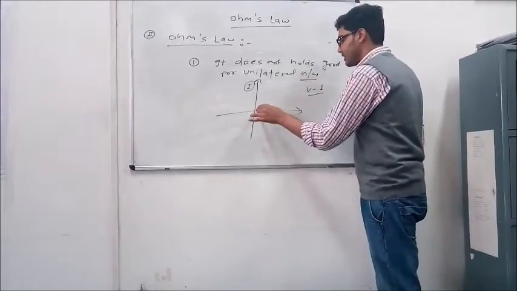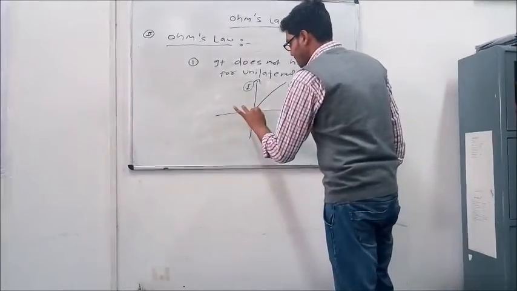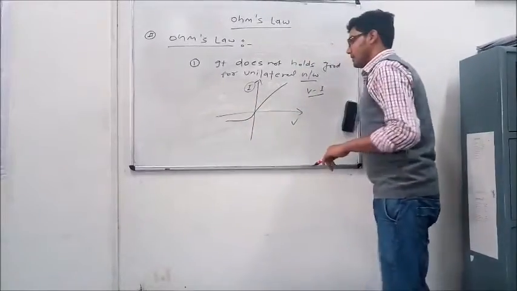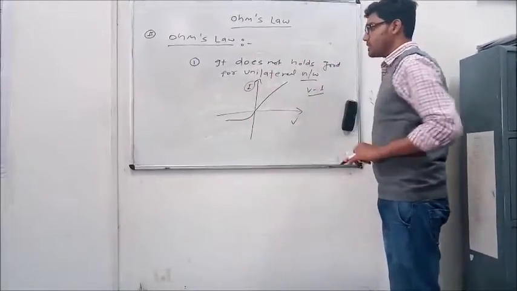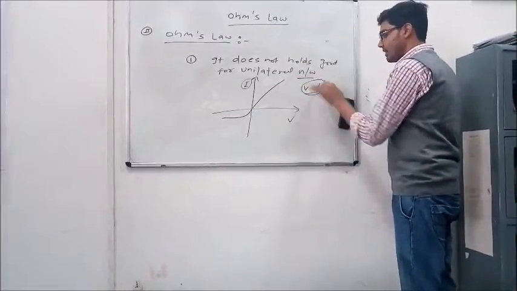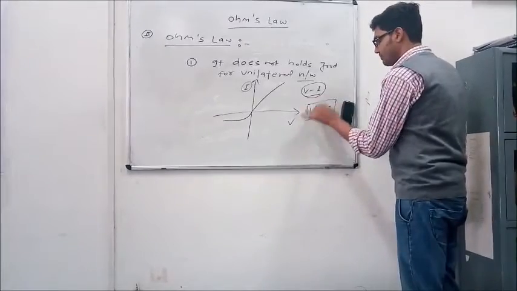Suppose in this direction it has one flow of current, in the other direction it will have something else. So for this kind of network, it is not able to give the relationship between voltage and current. Here it fails.